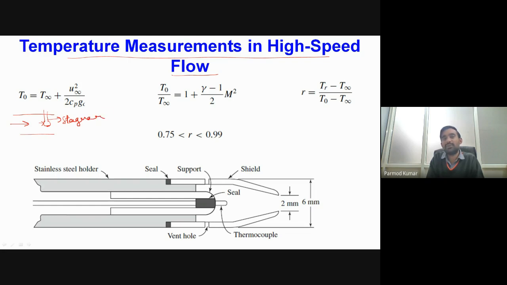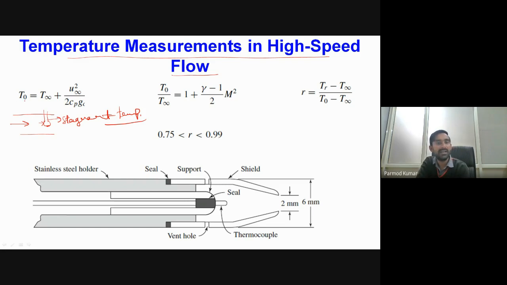So if we place a temperature probe into our flow field, close to the probe we have an almost stagnant flow situation, and the temperature we obtain is the stagnant temperature rather than the free stream temperature.